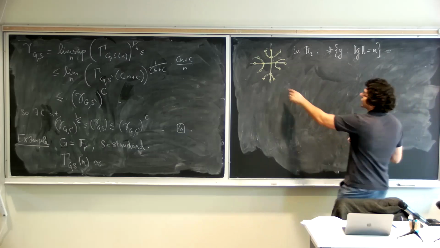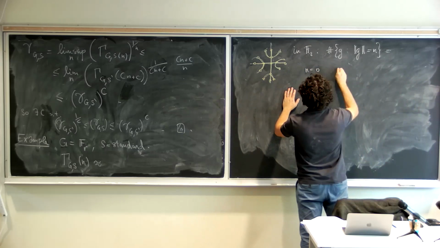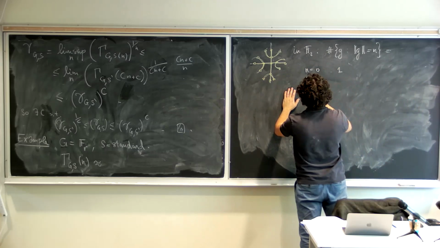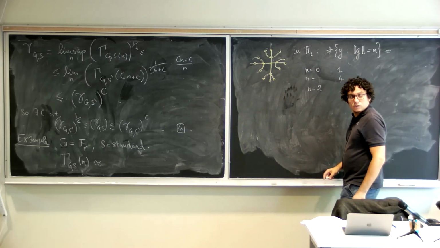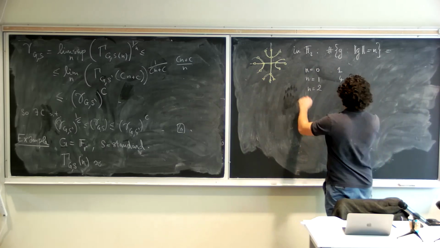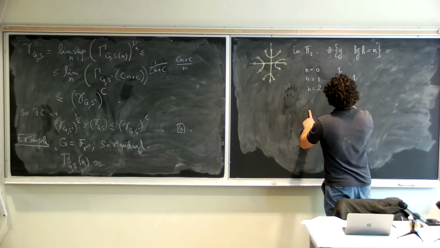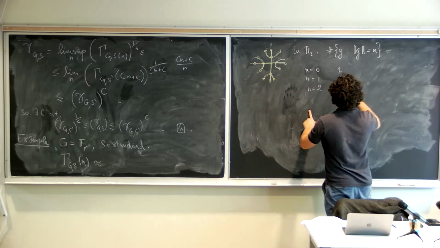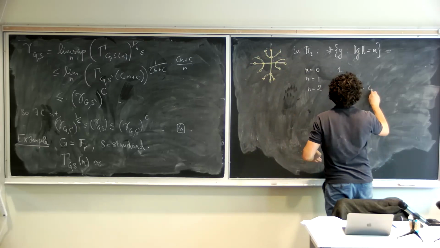Now let's count. For n equals 0, you get 1. For n equals 1, you get 4. For n equals 2, you get 4 times 3.